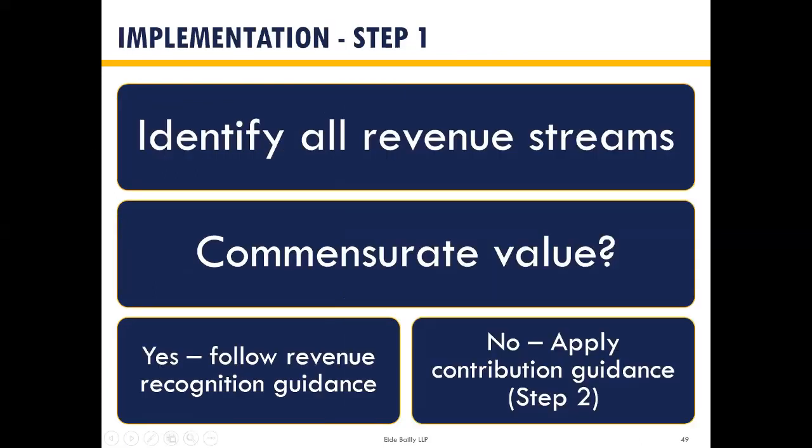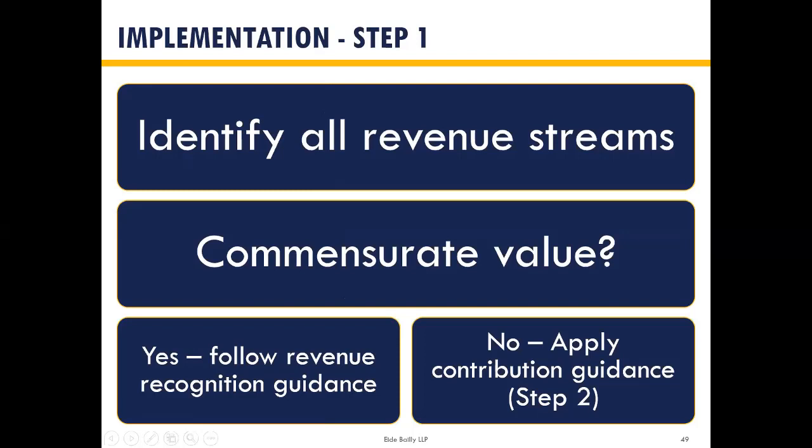We have put together the steps, or broken down the implementation into steps. So the very first thing you're going to want to do is identify all your revenue streams. Pam alluded to that before. Every revenue stream that you have, whether it's exchange or non-exchange, the first step is going to be listing them all out. And you will want to take materiality into consideration. If you have an immaterial revenue stream, you're not necessarily going to need to go through this process.